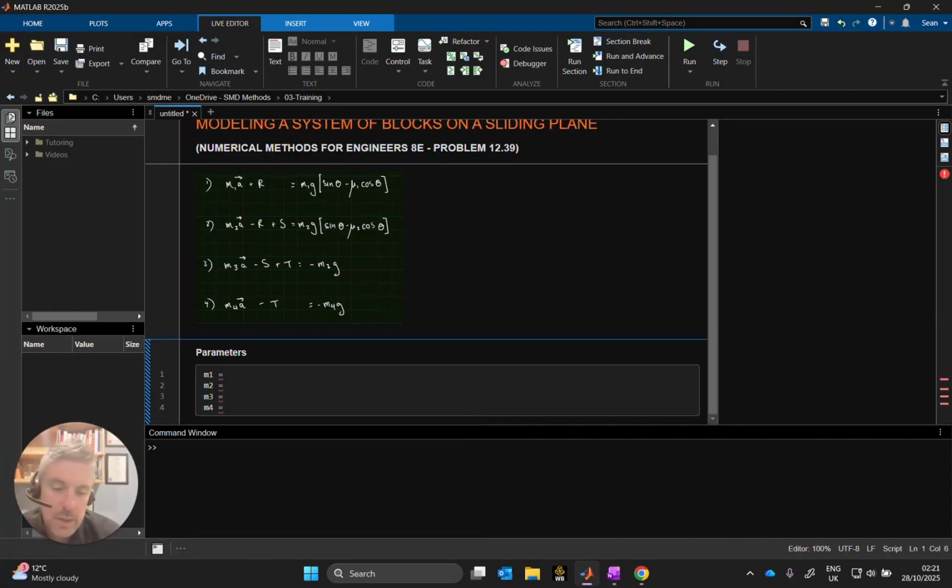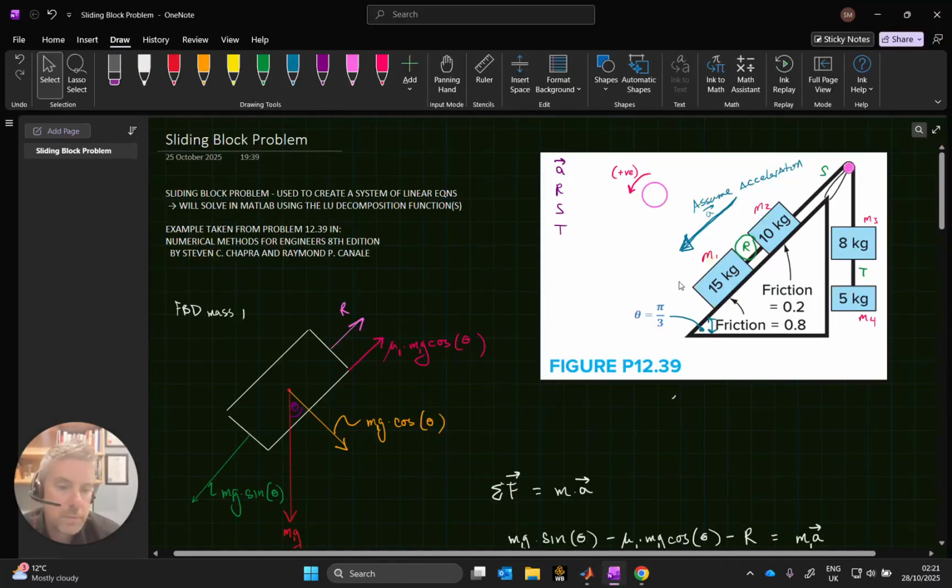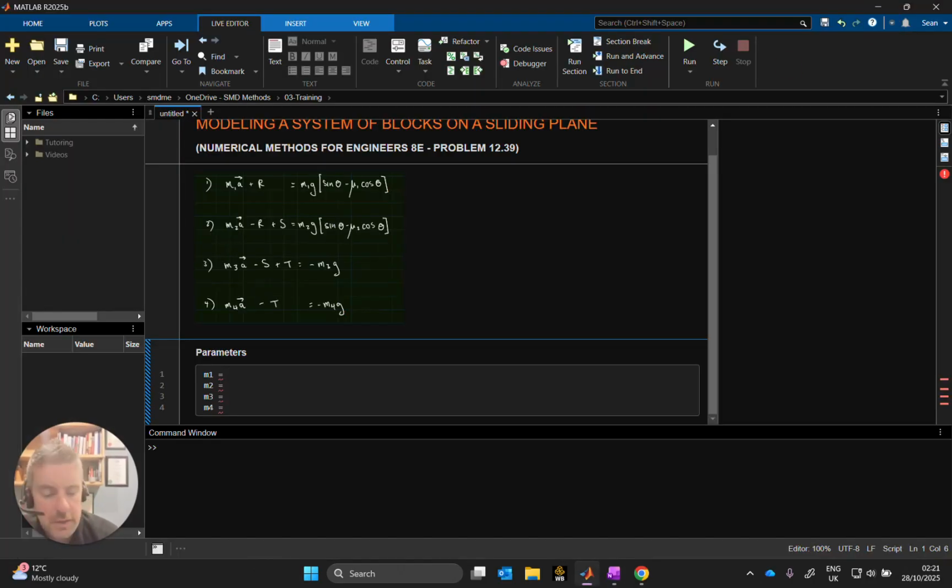So there are the mass values, which are given to us in the problem. M2 is 10, M3 is 8, and M4 is 5. So let's run this down from 15 down to 10, down to 8, and down to 5.